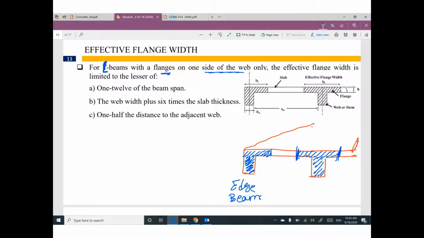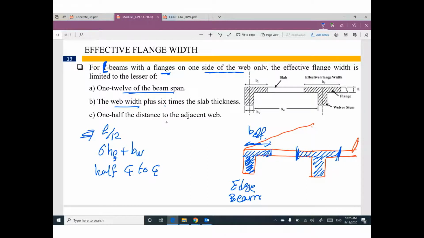So the effective width, B effective, equals 1/12 of the span, span divided by 12, or web width plus 6 times H flange, or half the distance center line to center line. So we have three values. We are going to use the least value.